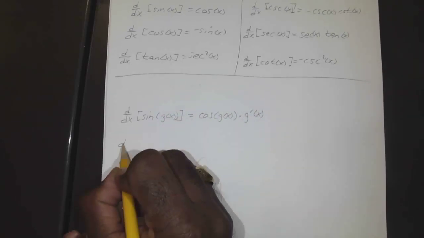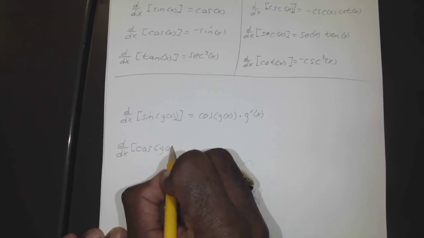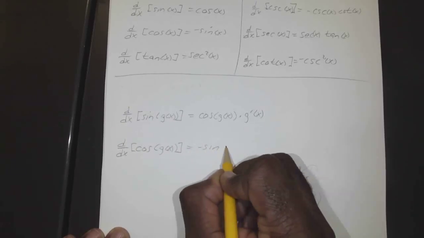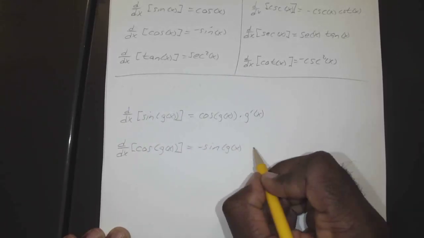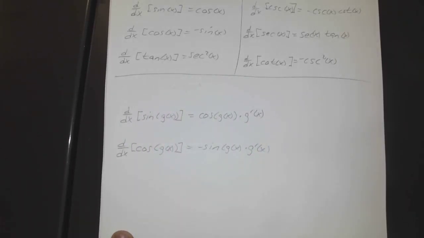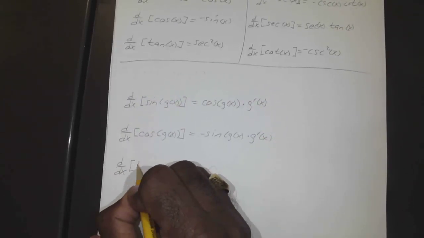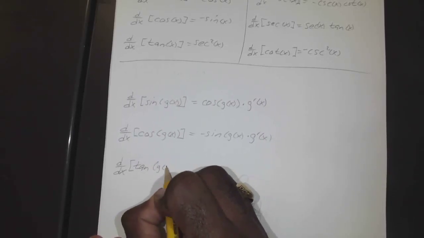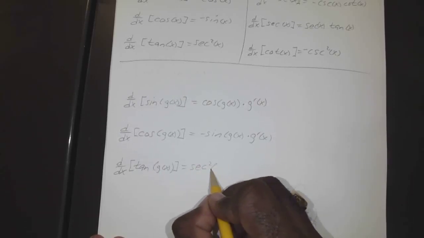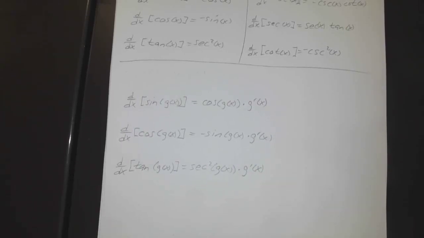So that means the derivative of cosine of g of x is going to equal negative sine g of x times g prime of x. The derivative of tangent of g of x is going to equal secant squared of g of x times g prime of x.